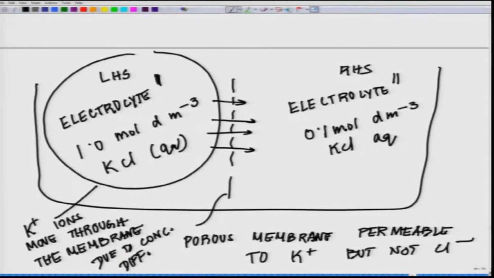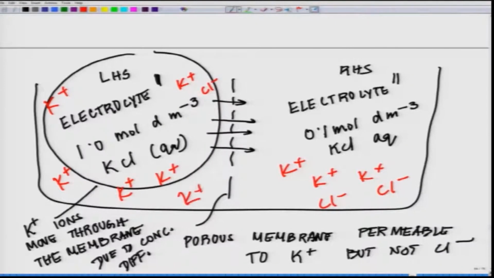Whereas, on the left hand side the movement of the ions results in a small charge on the membrane. So, on this side you have K plus, Cl minus; on this side you have K plus, K plus, K plus, Cl minus, on both sides the same. It is only on this side that you have a lot more K plus as compared to the other side, and automatically you will have Cl minus, but we are not bothered about Cl minus at this point because Cl cannot move.